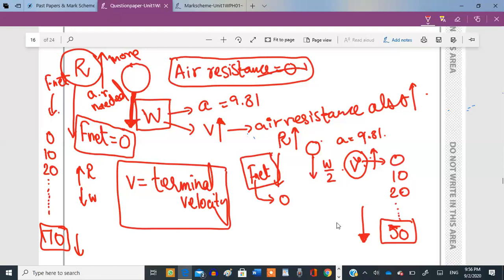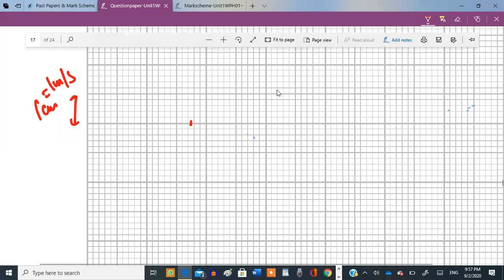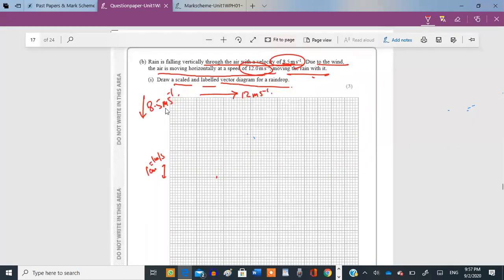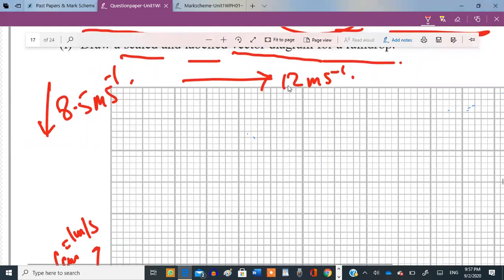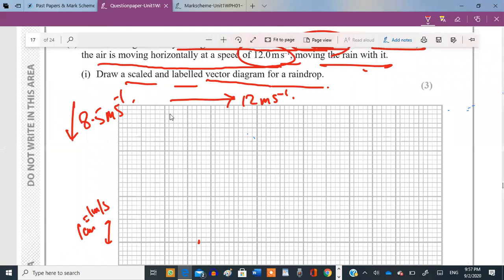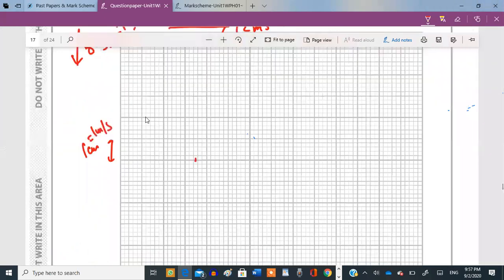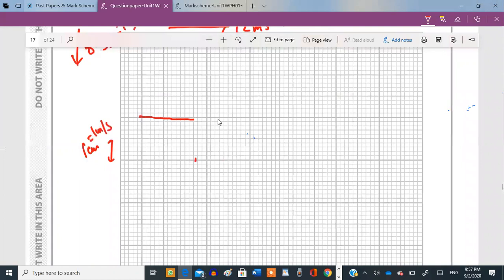Okay, let's assume 1 centimeter represents 1 meter per second, and that actually means 8.5 centimeters would show this vector, and 12 centimeters would show this vector, and you'll draw it and you'll get your answer. Okay, so 12, let's start off from here. 1, 2, 3, 4, 5, 6, 7, 8, 9, 10, 11, and 12.